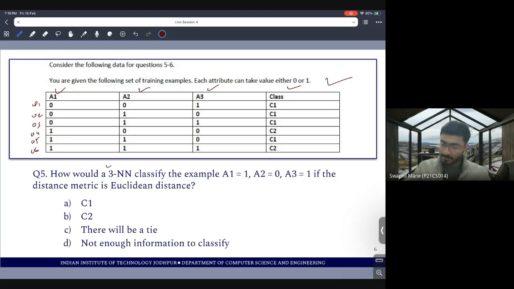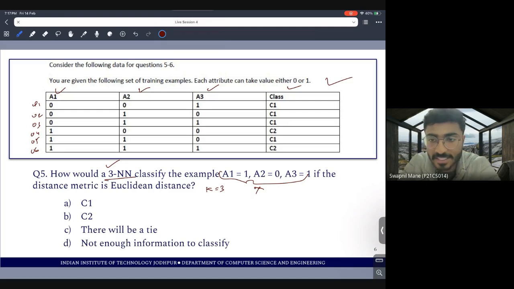K is equal to 3 has been given here. And this one is our X new point. Okay, please read the question carefully and try to solve it yourself.